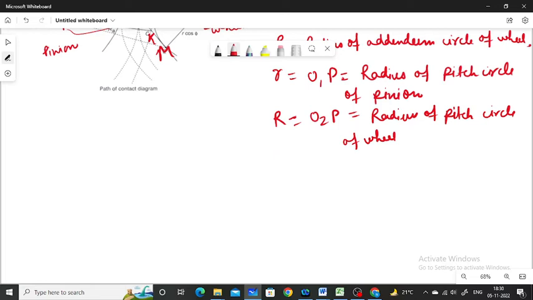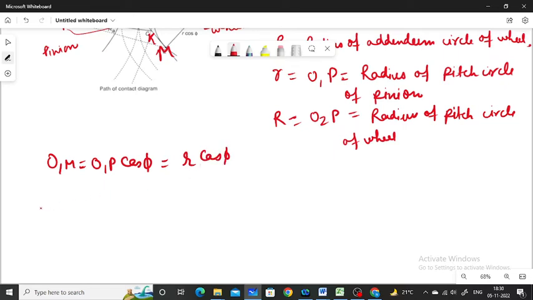According to the diagram, the radius of the base circle of the pinion, that is O1M, equals O1P cos phi, that is r cos phi.